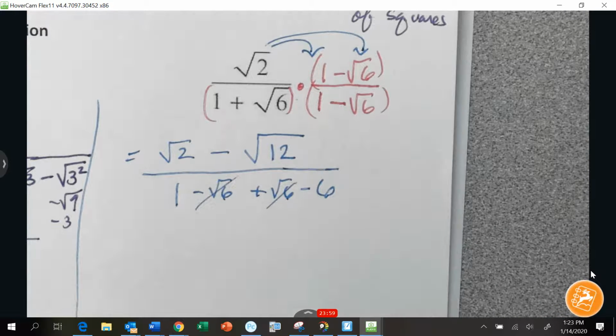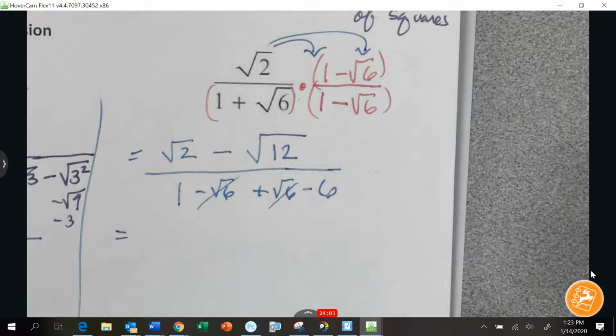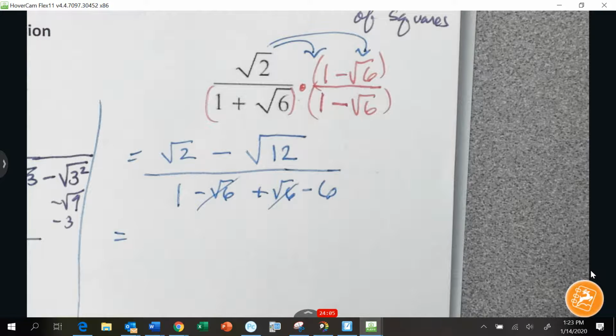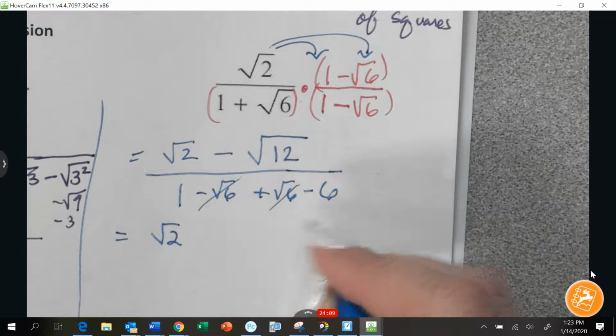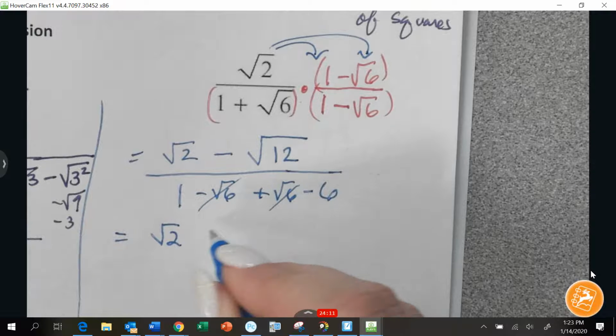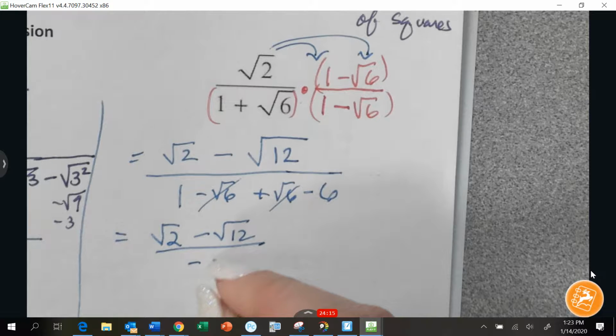My inside 2 terms cancel. Yes, question? Oh, yes. So square root of 2, and then minus 6. I didn't do the 1 part yet. So on top, square root of 2 minus square root of 12. On the bottom, I get negative 5.